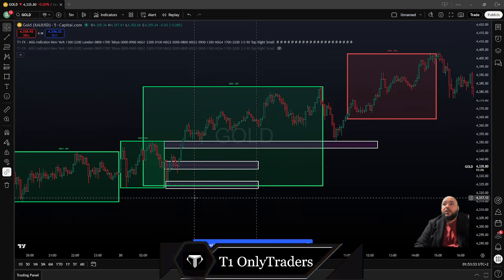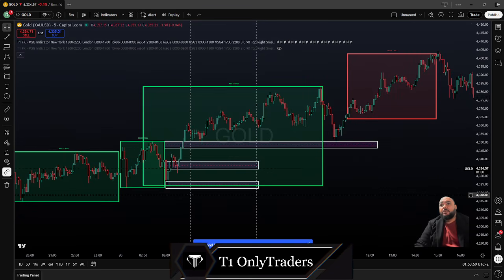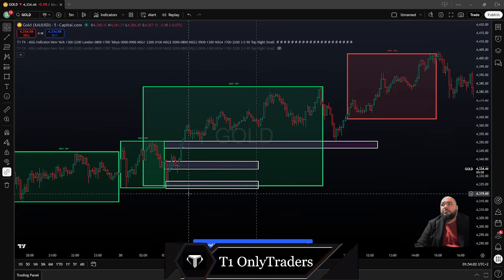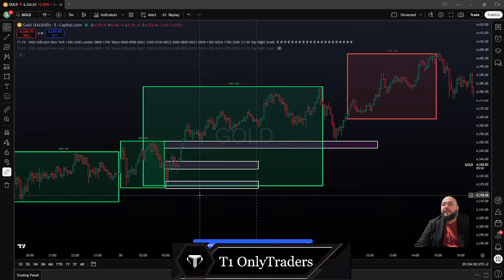So on a $50 account, it doesn't make sense to enter with a 0.01 lot size here, right? Because you're going to risk most of your account, which makes no sense. But if someone has a $1,000 account, on a 0.01 lot size, you can easily enter here and put your stop loss over here, right? Because you can handle the drawdown.